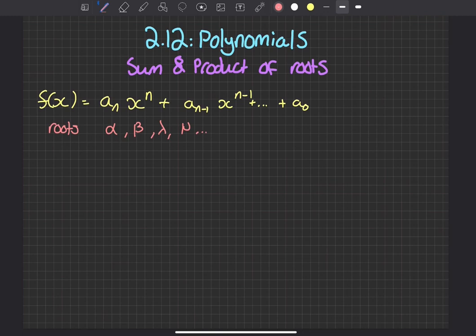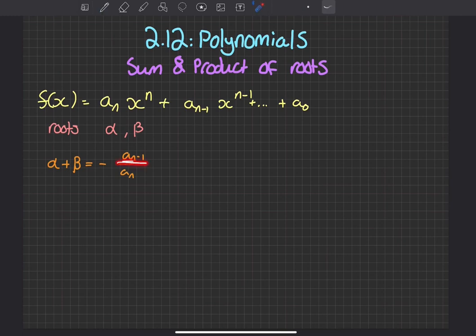What we actually know, and this is given to you in the formula booklet, so you don't need to know the proof as it is a bit complicated and beyond the scope of the syllabus. But basically, to make things easy, we'll just say there's two roots, alpha and beta. What's given in the formula booklet is that alpha plus beta, the sum of the roots, is negative a_(n-1) over a_n, right?